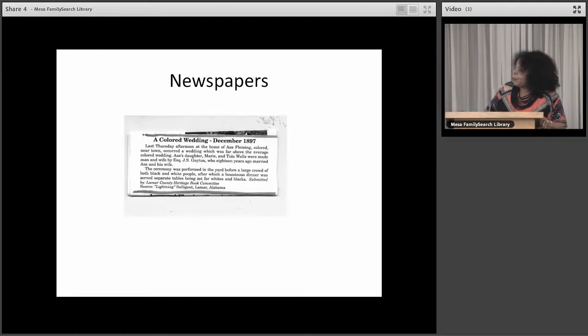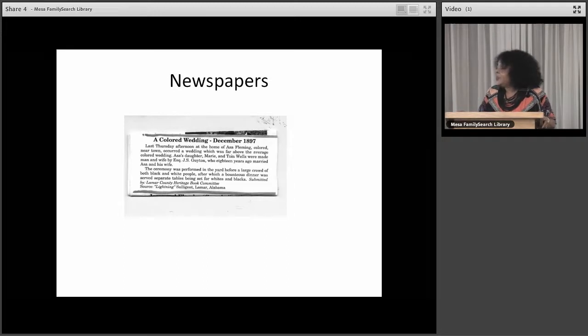This is a newspaper article, and this is my great-great-grandfather on my dad's side, one of his sons. And I just thought this was funny. Last Thursday afternoon at the home of Asa Fleming's, colored, near town, occurred a wedding which was far above the average colored wedding. Asa's daughter, Marie, and Tom Wells were made man and wife by Esquire J.S. Guyton, who 18 years ago married Asa and his wife.